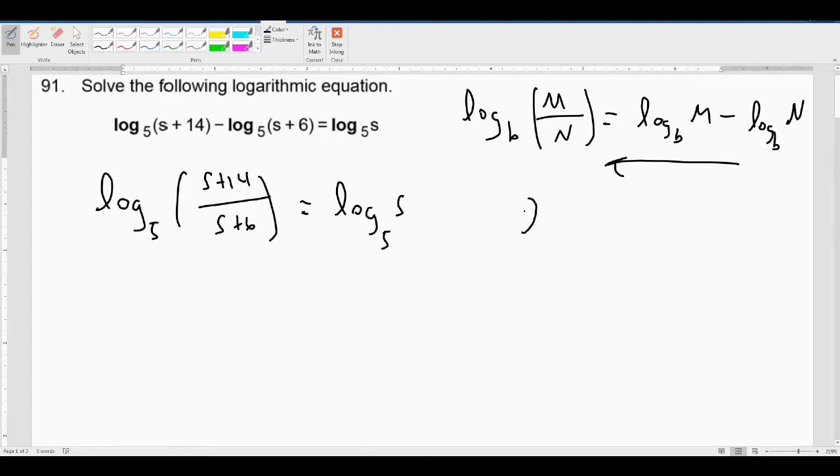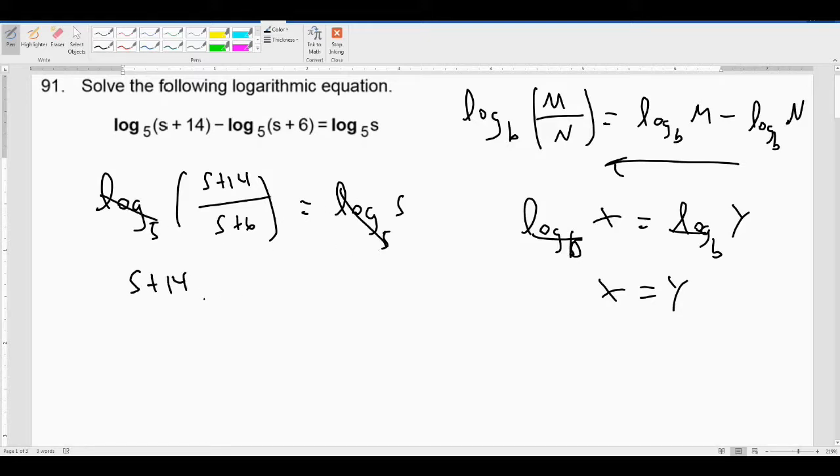Now there's another property that says if you have log base b of x equals log base b of y, those logs cancel out, which means that x equals y. That's what's going on here. These logs are going to cancel out, and it's going to leave us with (s plus 14) over (s plus 6) equals s. So I'm going to put the s over 1.